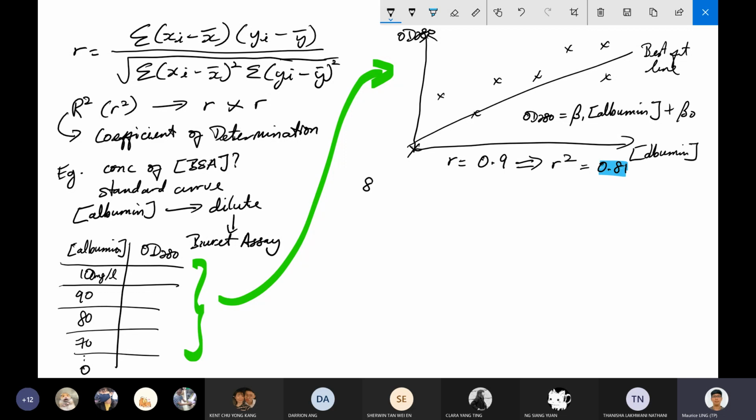It means that 81% of the variation of the y-axis, let's say OD280, is explained by the x-axis, the concentration of albumin.